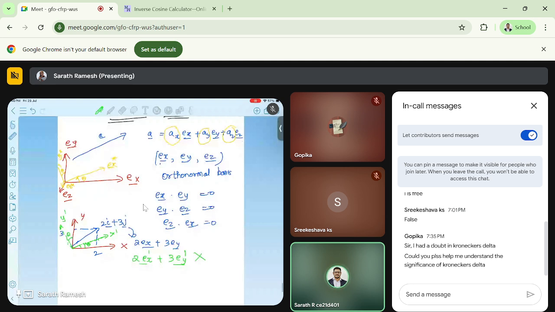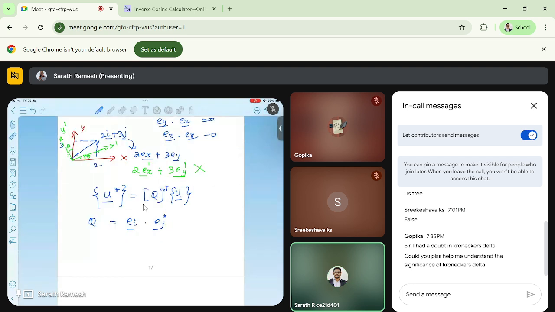What is this Q? This Q is given by Ei dotted with Ej star. How is this coming? I request you to please go through the lectures. There is a clear 15-20 minute derivation of how this comes. Here I am just saying how to transform using these results. I am not deriving it from first principles.